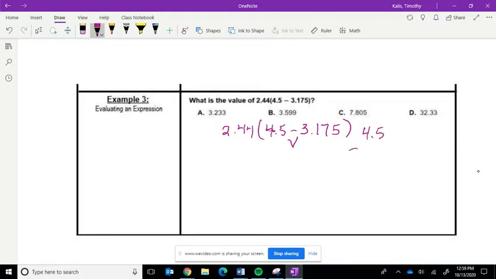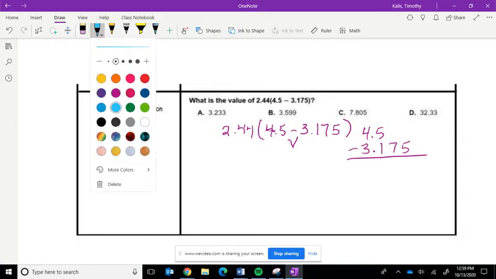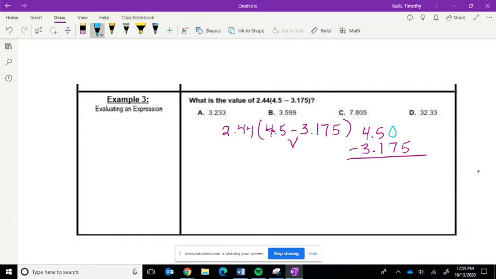So I line up my decimals. I use zeros to hold the place values. And now I'm ready to begin. We need to borrow from the 5.